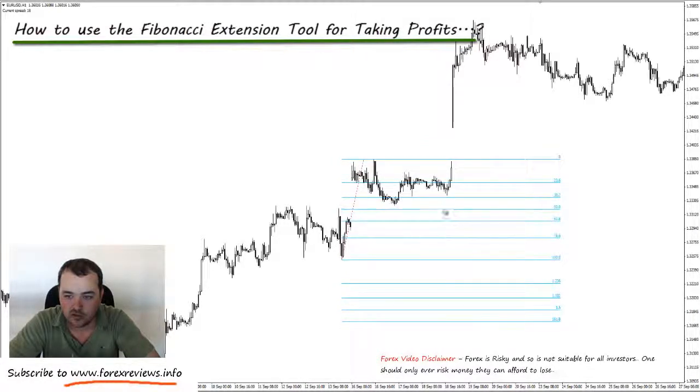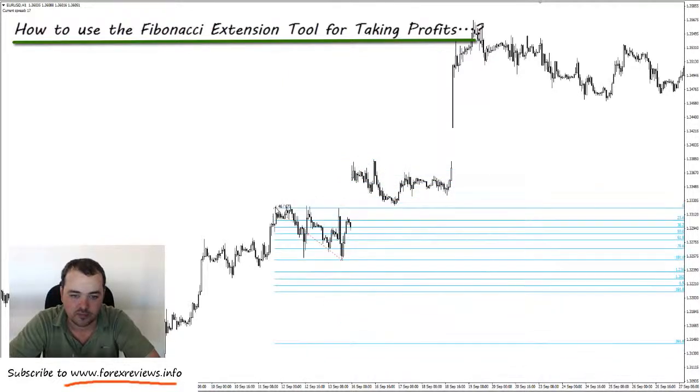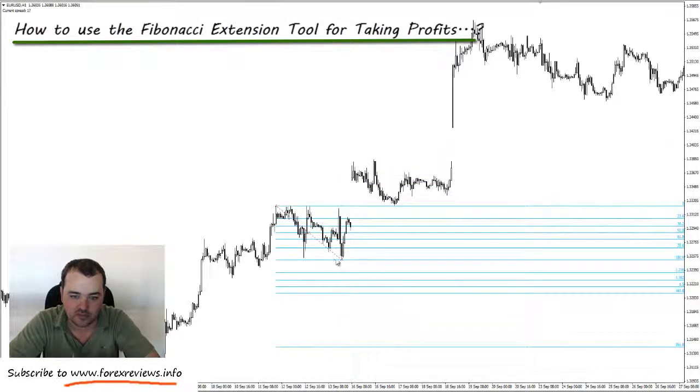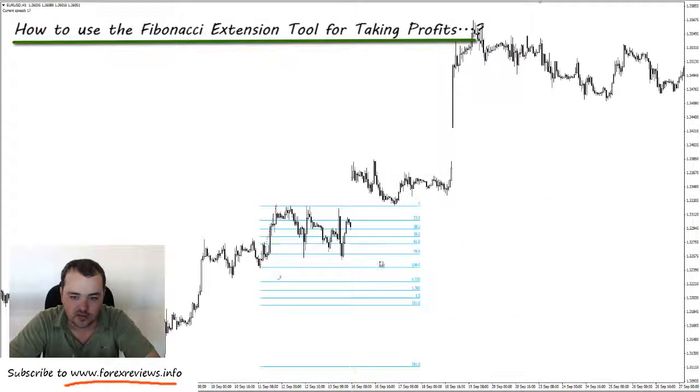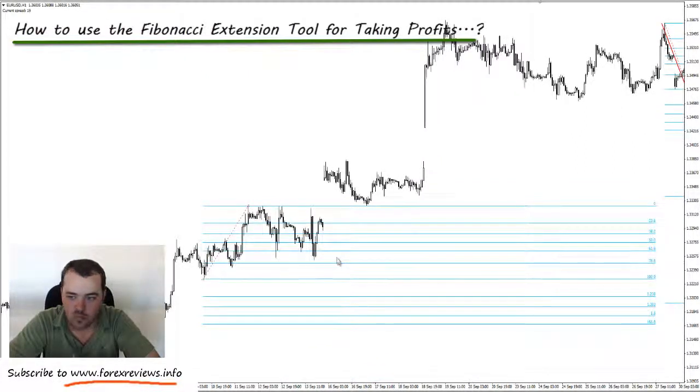Okay, and like I said, between the 50 and the 61.8 is the golden number, but as you can see, it sometimes just doesn't get to the 50%. Let's have a look at another one. Between here and this low, that one lined up really nicely to the 78.6, but also the 61.8. And there you go, in between the 50 and the 61.8 on that move.